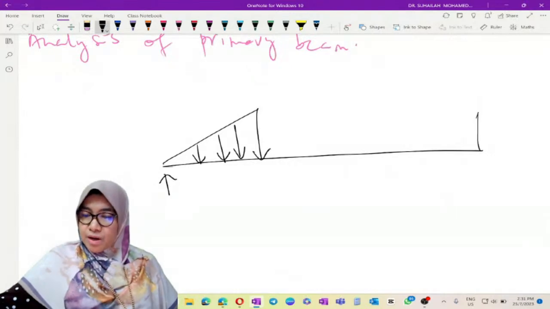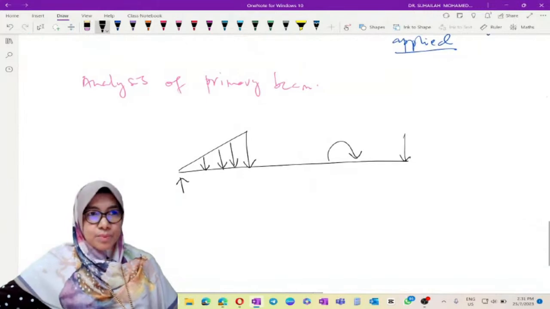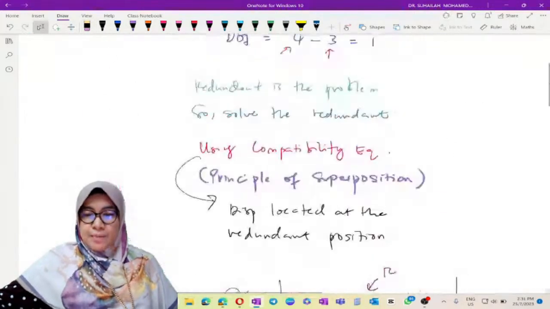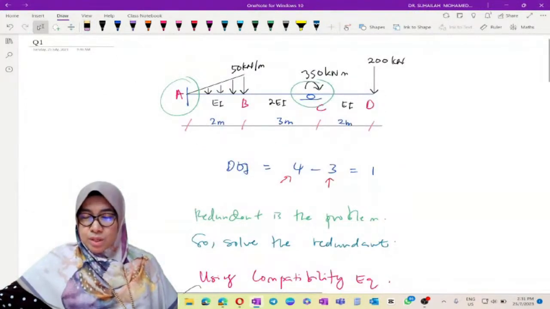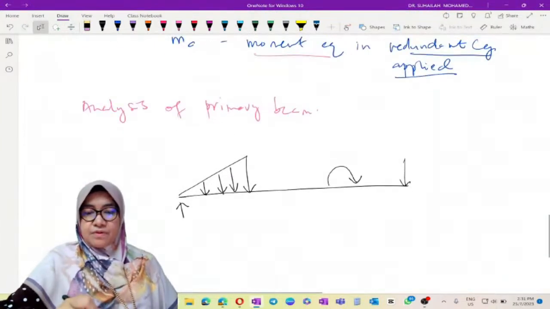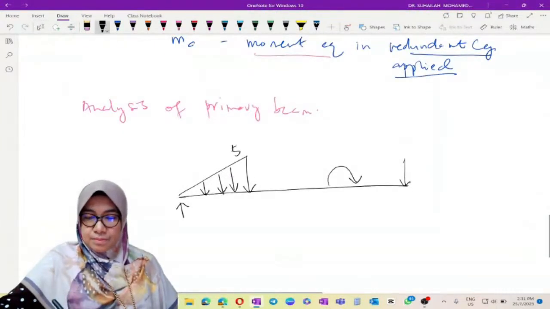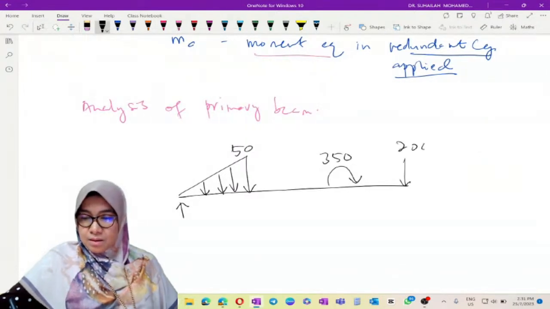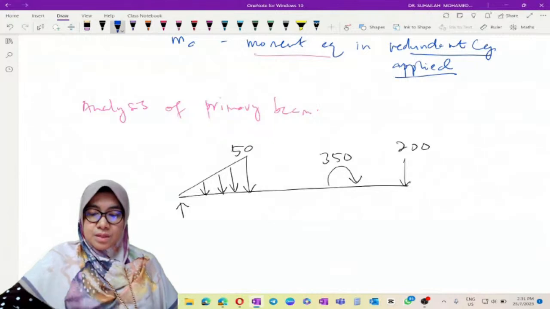We have a point load and a moment. In the primary beam, we have to retain all the external loading. So it is 50, 350, and 200. The distances are 2 meters, 3 meters, and 2 meters.